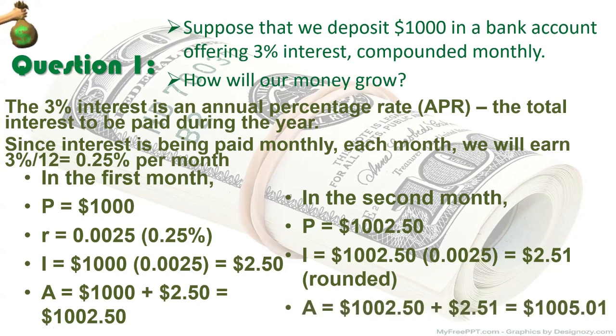So our accumulated balance now becomes A is equal to $1,002.50 from our first month, plus the interest that we earn in our second month, $2.51. So we add that up, and we now have in our second month $1,005.01.